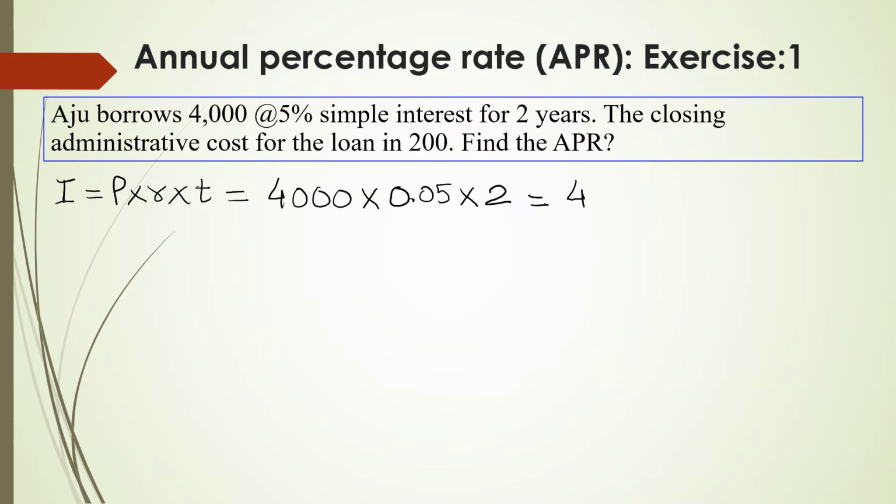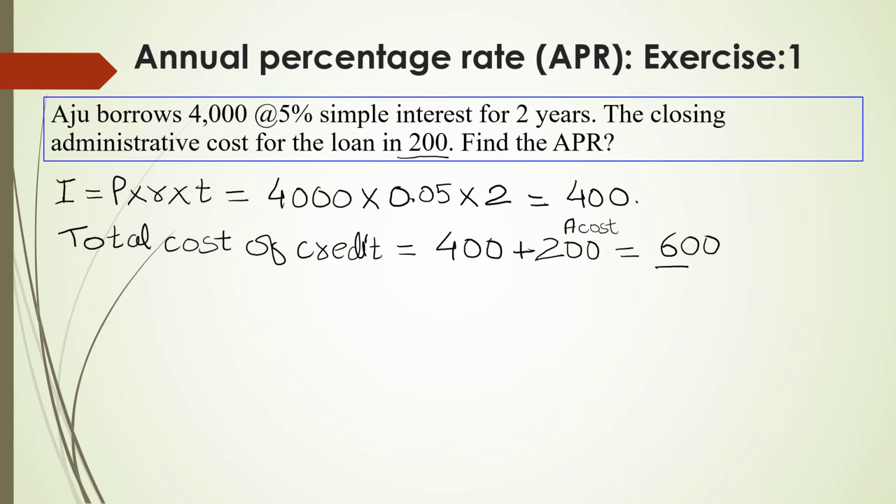So 400 plus 200 is equal to 600. This 600 is my total cost of credit. This 200 is my administrative cost, I will write here admin cost. So 600 is my total cost.